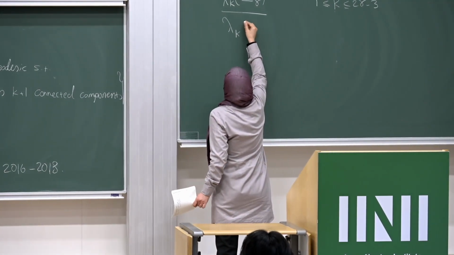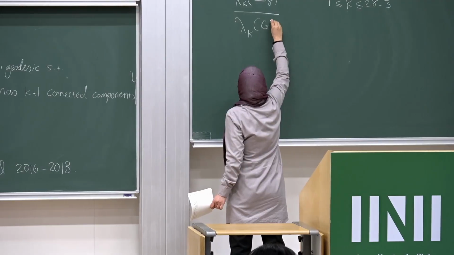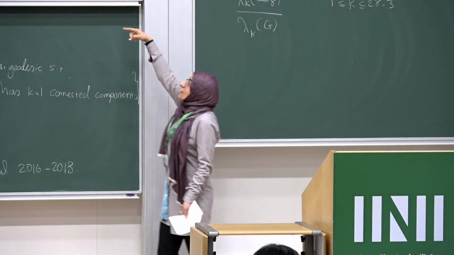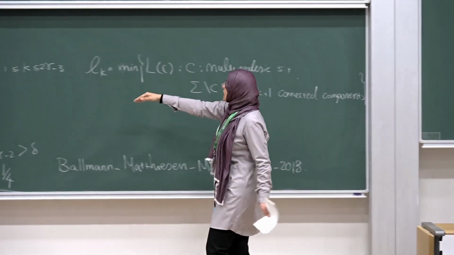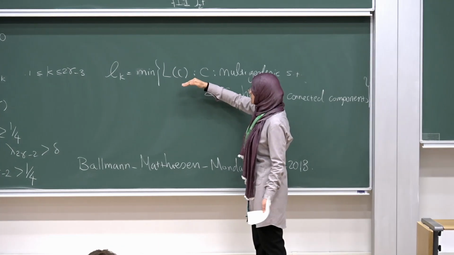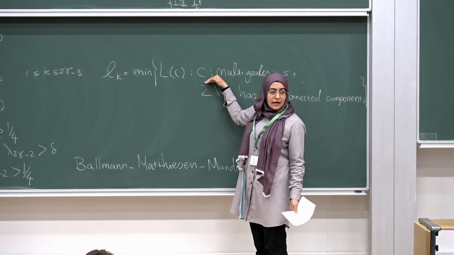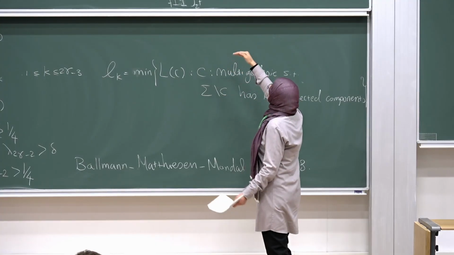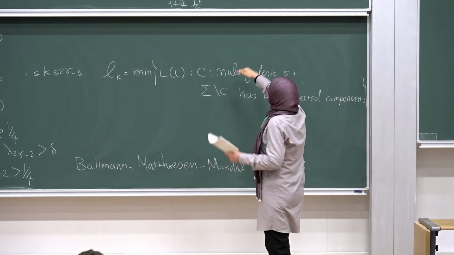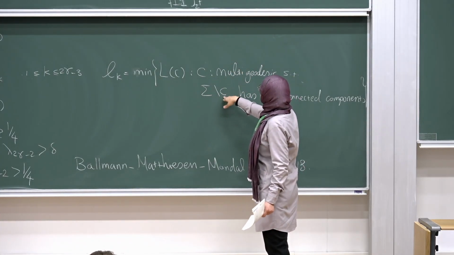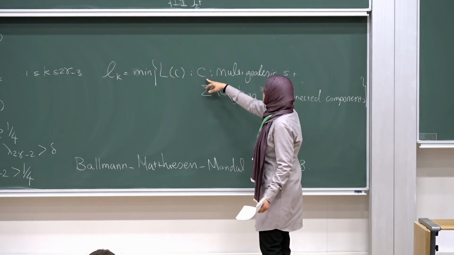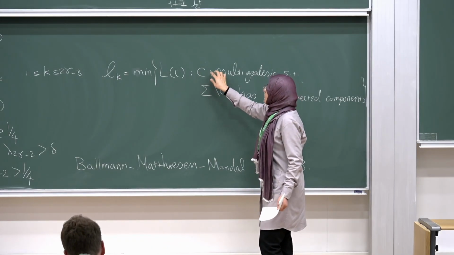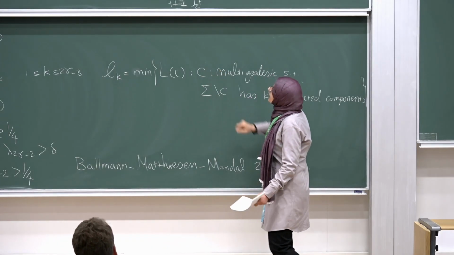They associated a graph based on this building block. You have this L_k, which is realized by this multi-geodesic. You cut along this multi-geodesic, and then you consider the collar neighborhood of each geodesic in this collection.